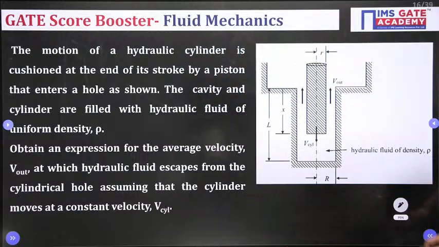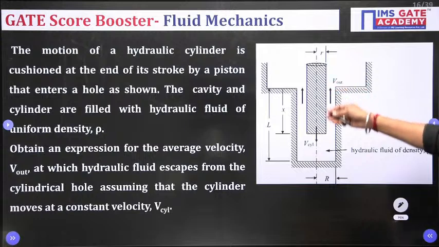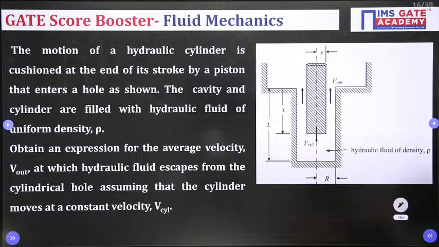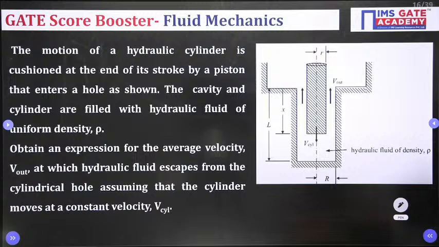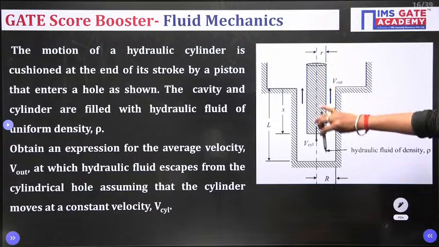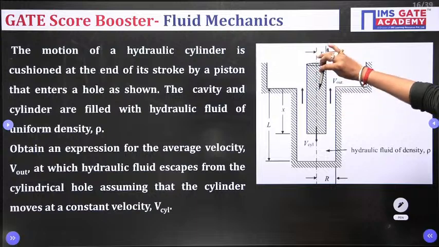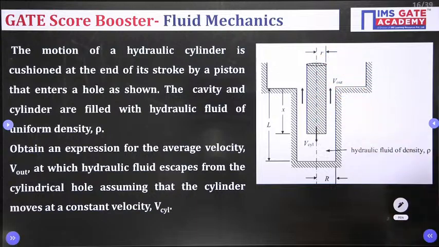Please read this question. The motion of a hydraulic cylinder is cushioned at the end of its stroke by a piston that enters the hole as shown in the figure. That means the piston will try to enter into the hole.